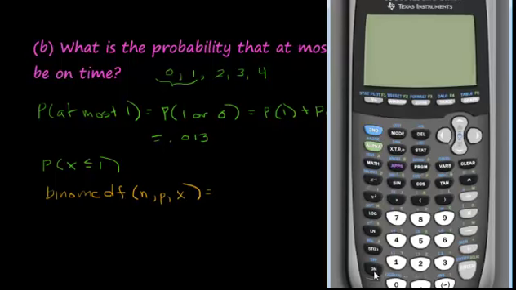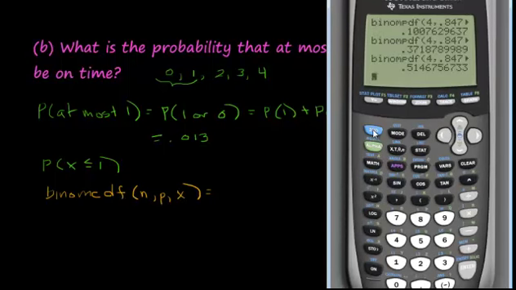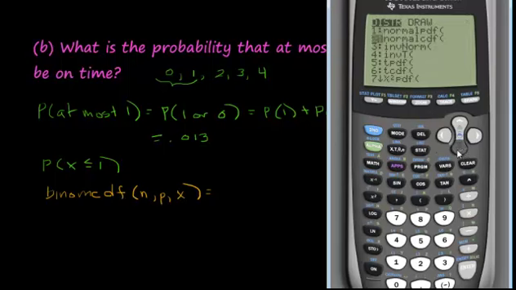All right, go to our distributions. This time, tab down. We saw the PDF, right below it is the cumulative density function. Okay, so that's what we want. Enter. And now again it asks me my trials. 4. Enter. P-value is 0.847.